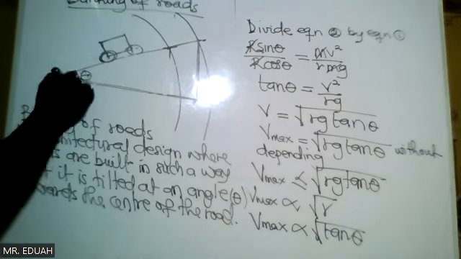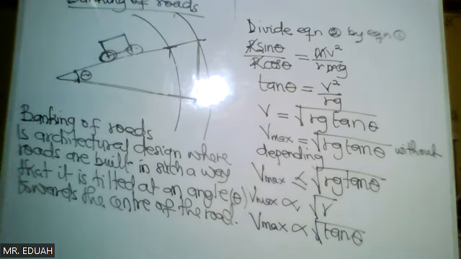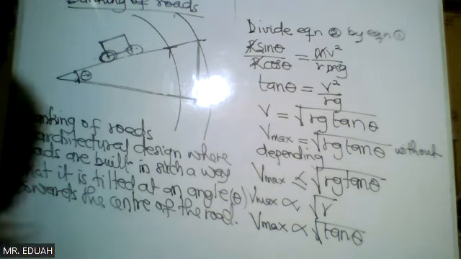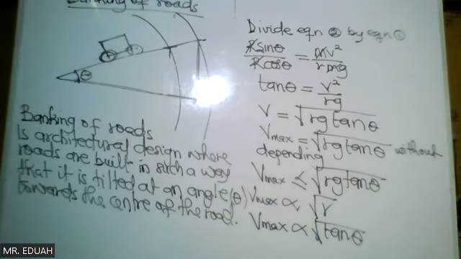It is often seen at curvy roads, where there's a sharp curve. You find the road being banked. I'll send you videos of roads that are banked for you to have a feel of how it is.